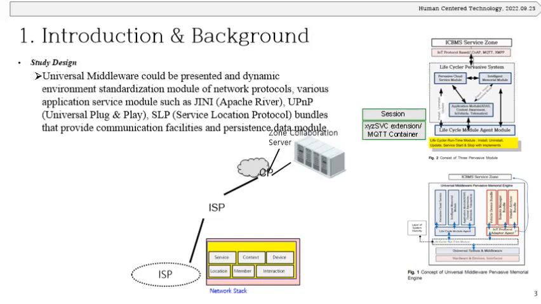So as you look at this picture, they are showing the life cycle pervasive system, going to the concept of universal middleware pervasive memory or engine, which are included in the module interface and device infrastructure. The developer and manufacturer can use the API from this module, and these are my study design.